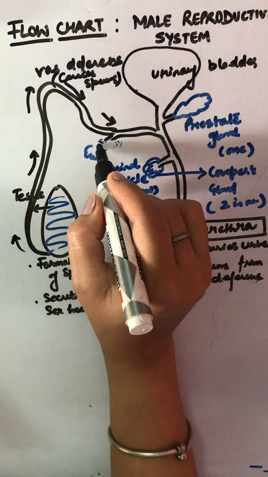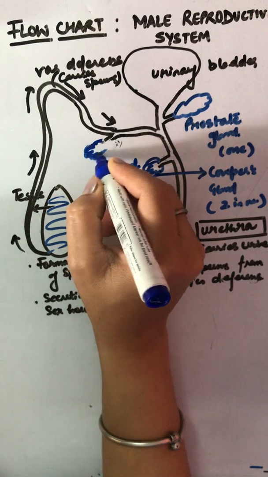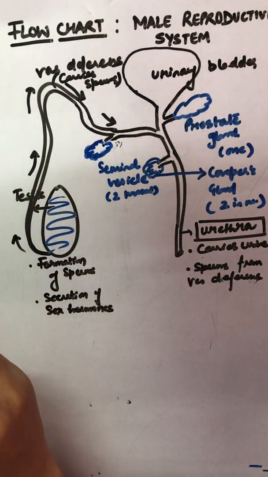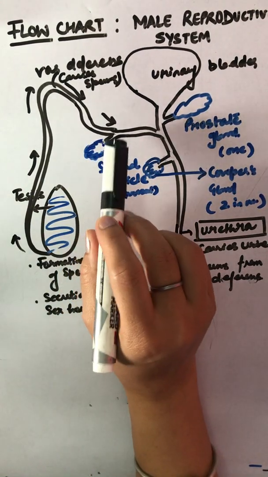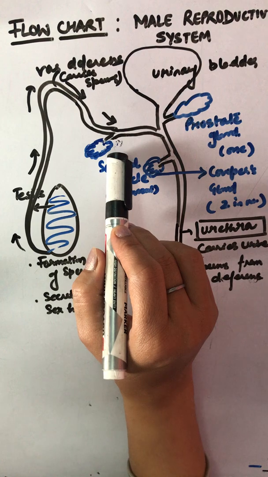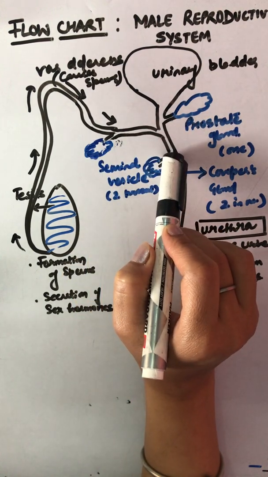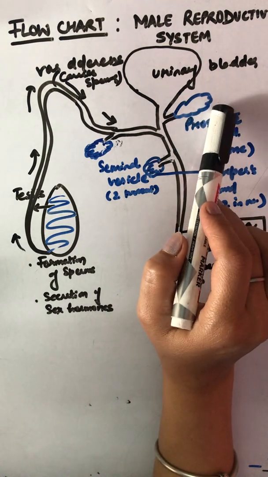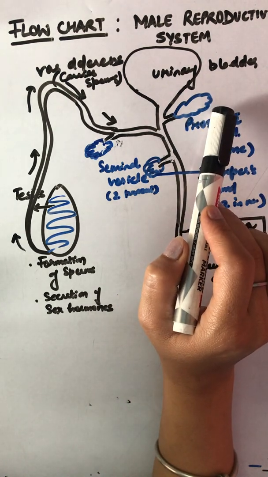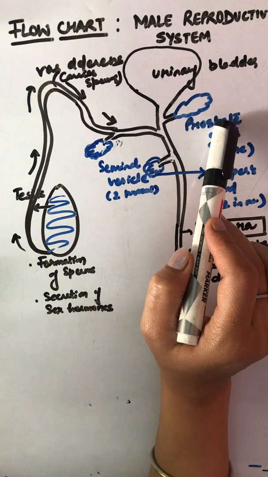Then the seminal vesicle, the pair that we have written here, secretes a watery alkaline fluid that contains nutrients like fructose, and it releases its content into the ejaculatory duct during ejaculation. This one is the prostate gland. It also secretes mucus, a slightly alkaline fluid, which is also released during ejaculation.